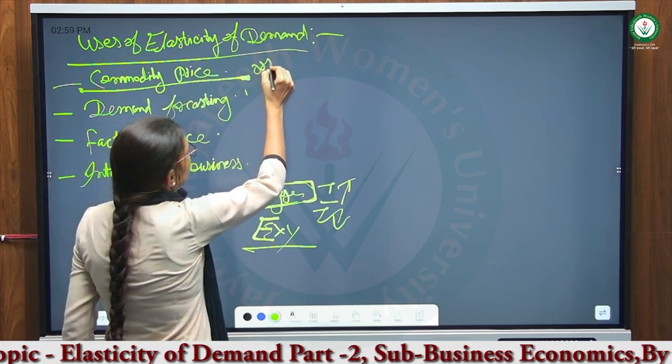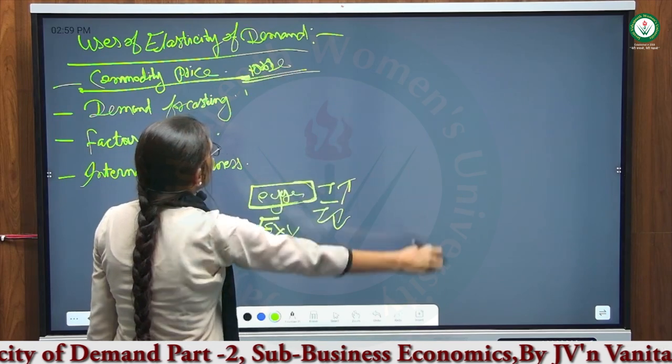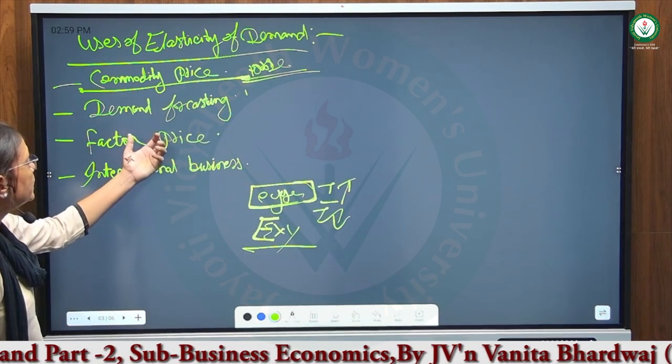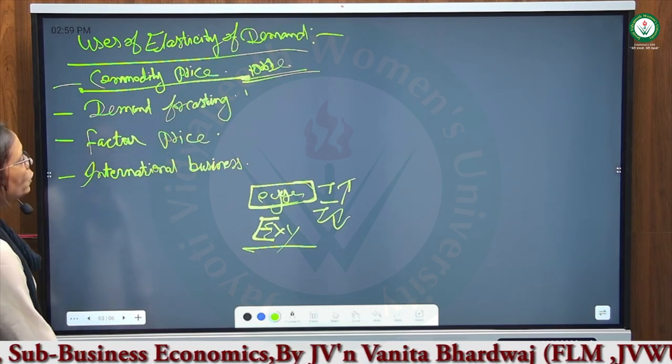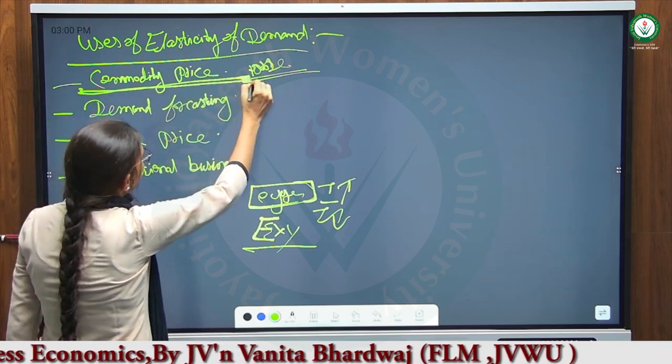For example, medicines and essential commodities. And if the demand is more elastic, he will charge lower prices. So according to elasticity of demand, a company decides its commodity prices.